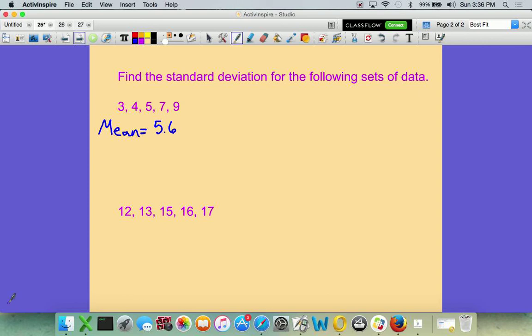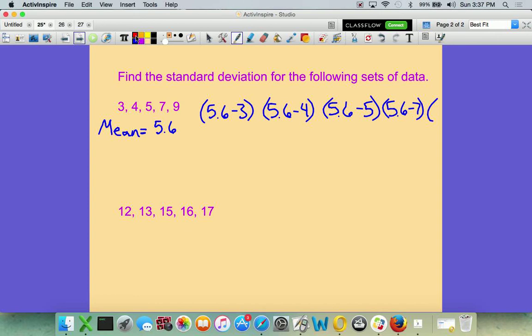Alright, from there, what we're going to do is we're going to take our mean and subtract each one of those numbers. So, 5.6 minus 3, 5.6 minus 4, 5.6 minus 5, 5.6 minus 7, 5.6 minus 9.